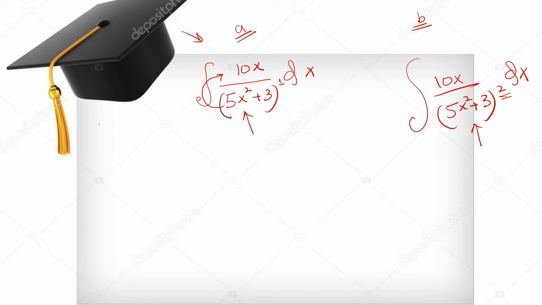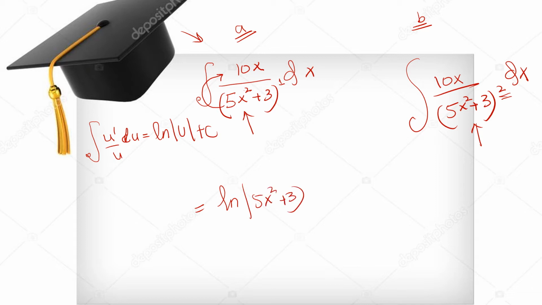Once it is written, we write our formula: the integral of u prime over u du equals ln of u plus c. Because the derivative is on the top, you just apply the formula: ln of the denominator, that is ln of 5x squared plus 3, plus c.